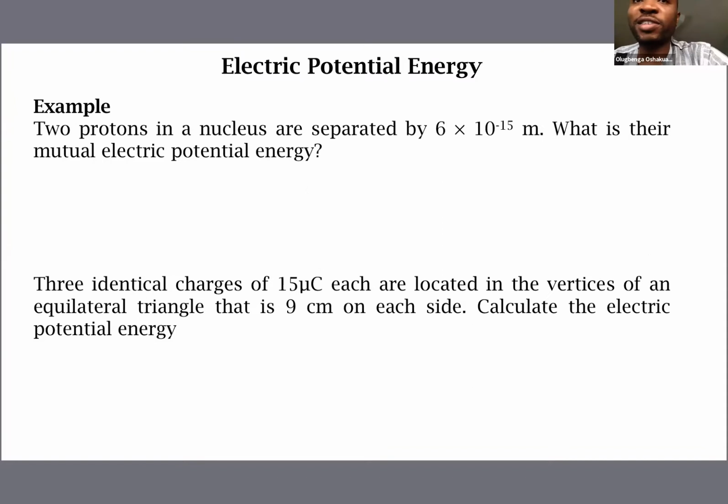Okay, these are examples. Two protons in the nucleus are separated by a distance of 6 times 10 raised to the power minus 15 meter. What is their mutual potential energy?